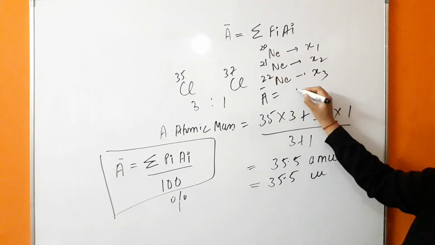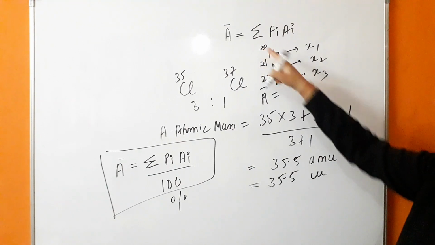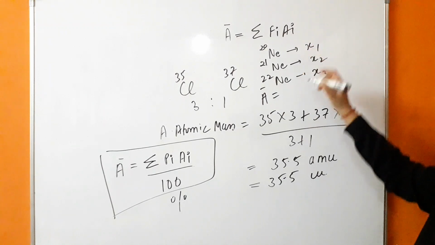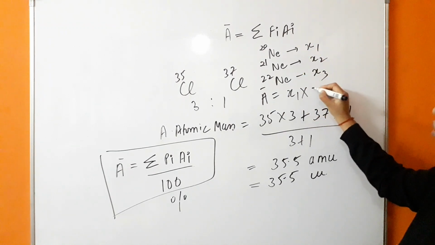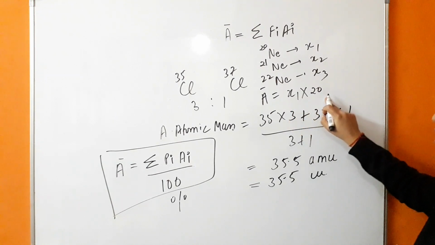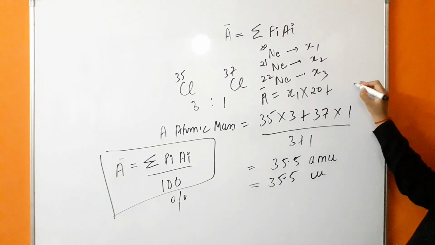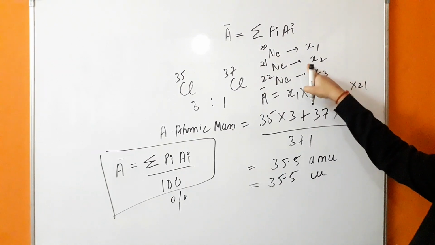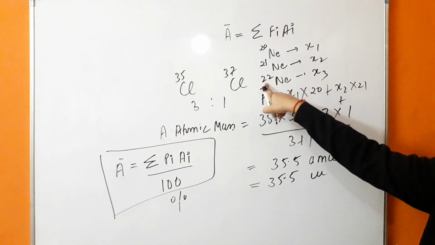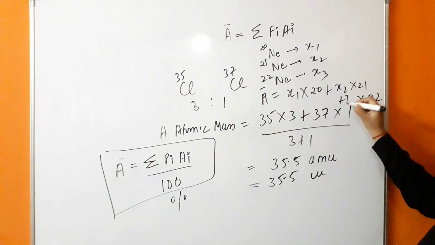A is equal to the first isotope of neon, having mass 20, with fractional abundance x1, so x1 into 20, that is fractional abundance into the atomic mass of that isotope, plus 21 having fractional abundance x2, and the third isotope having mass 22, so 22 into x3.